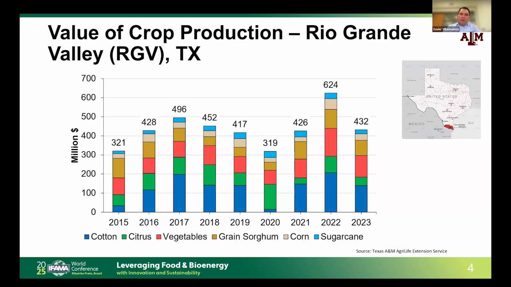And for agricultural purposes, we rely too much on the water that comes from the Rio Grande. So the river is the main source of irrigation water. And when it is not raining, or when we don't have enough water in the river or in the reservoirs, there is not enough water for agriculture. So in that case, the farmers must take the decision about what to grow, especially when the water is very scarce.